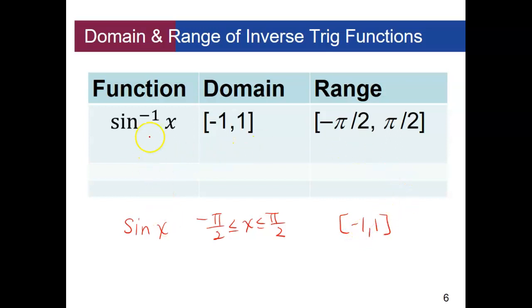We also know that when we look at inverses, the domain and the range will switch. And so that's where we get the domain of inverse sine being from -1 to 1. So the only values we can put in here have to be between -1 and 1, and what we expect to get out is anywhere between negative pi over 2 and positive pi over 2.